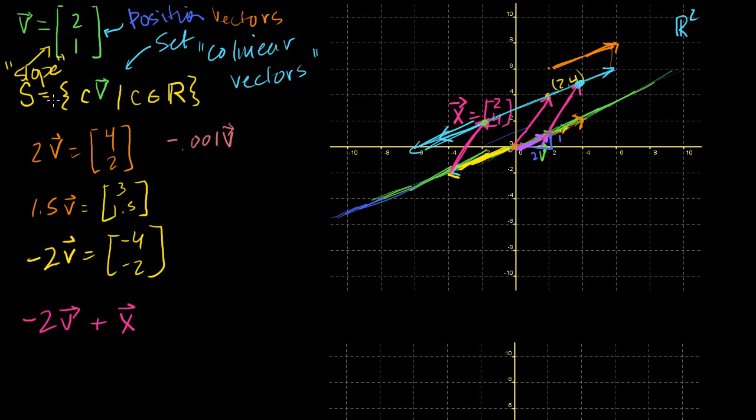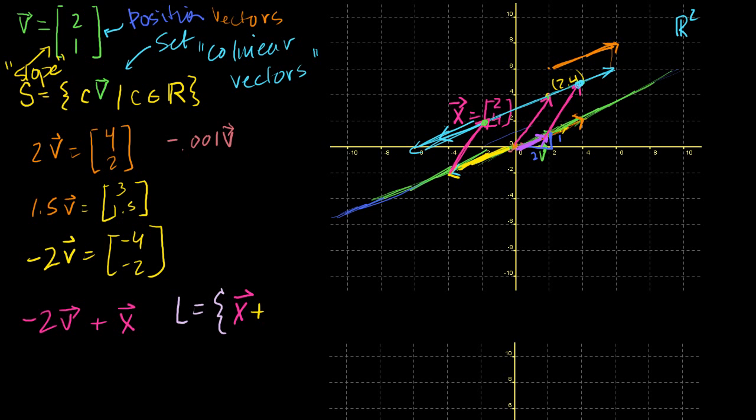So when I define my set S as the set of all points where I just multiply v times a scalar, I got this thing that went through the origin. But now let me define another set. Let me define a set L, maybe L for line, that's equal to the set of all vectors x, the vector x, plus some scalar, I could use c, but let me use t because I'm going to call this a parametrization of the line.